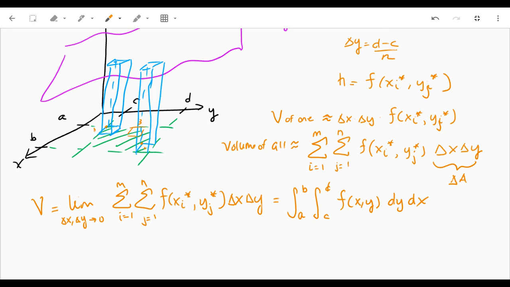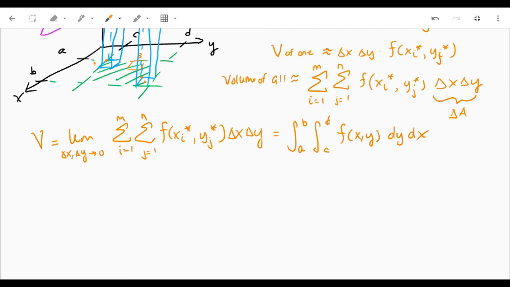We're going to learn a theorem in a little bit called Fubini's theorem, which says that that's equivalent to the integral from c to d, a to b, dx dy.